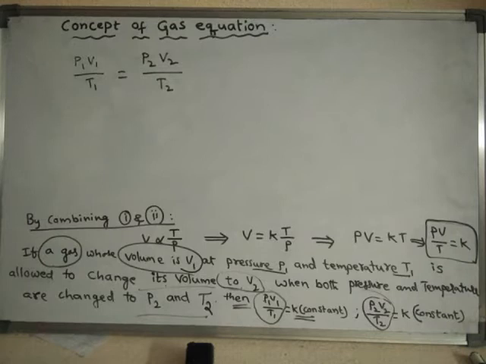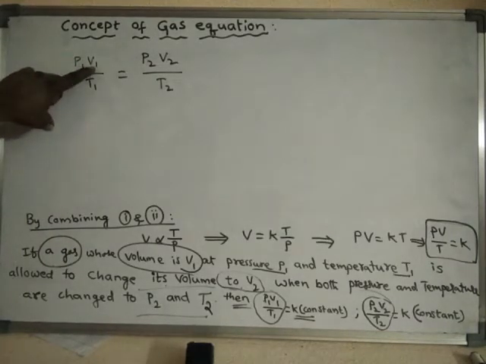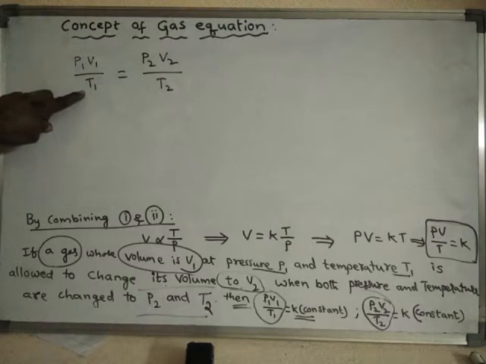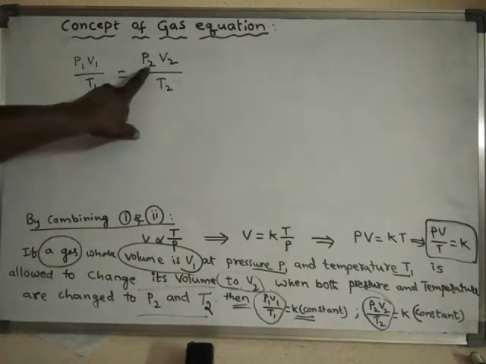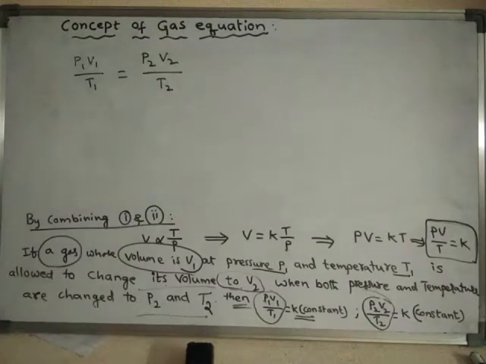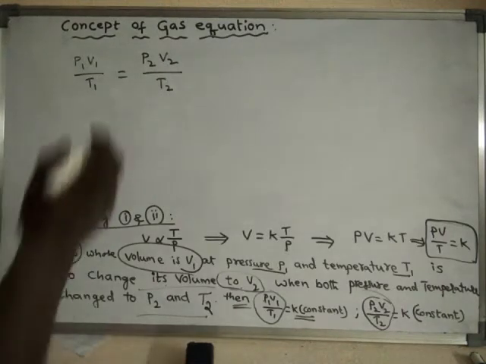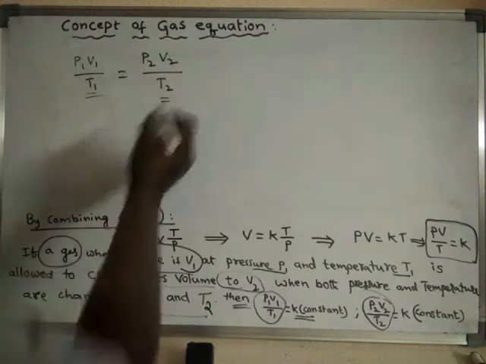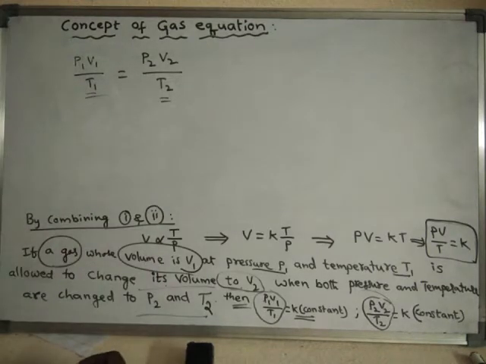So what is P1 V1 by T1? Initial pressure, initial volume, initial temperature, and P2 V2 by T2 is final pressure, final volume, and final temperature. Remember that temperature should be in the Kelvin scale, not in centigrade values.